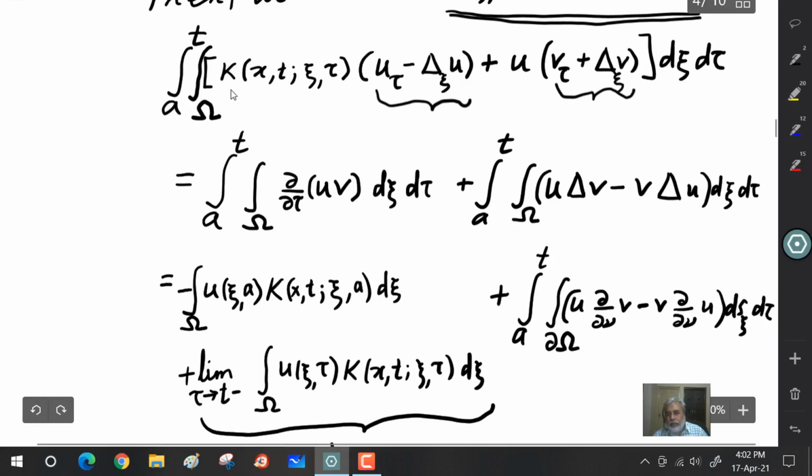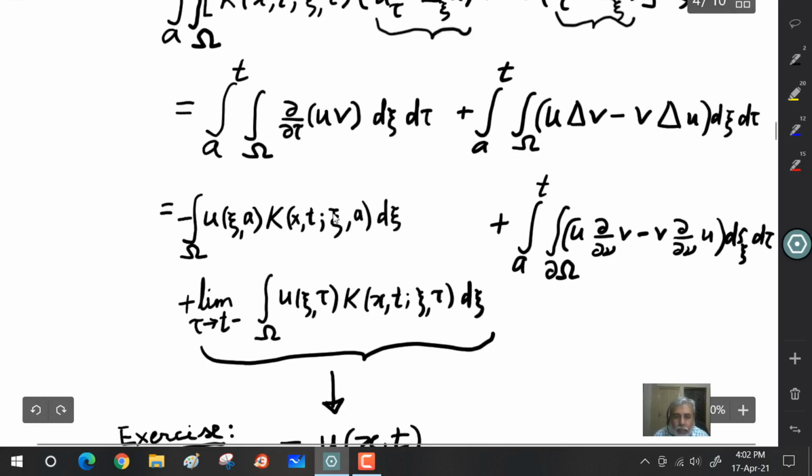So it's only with respect to xi. Okay, and this one is now a differentiation with respect to tau and also integration with respect to tau. So it's just evaluation of this product uv at the end points. At this end point there is no trouble here. So this is just minus the integral of u xi a k x t xi a d xi.